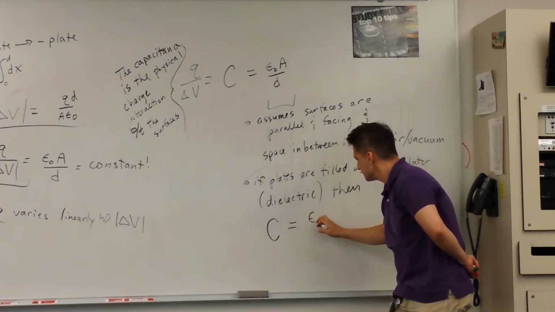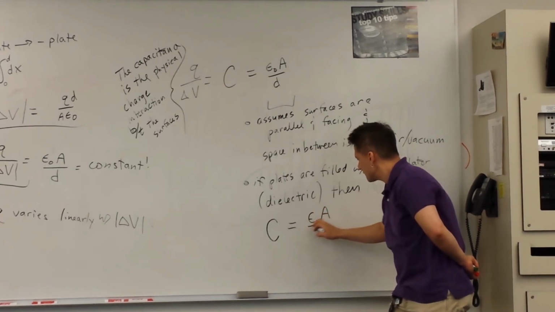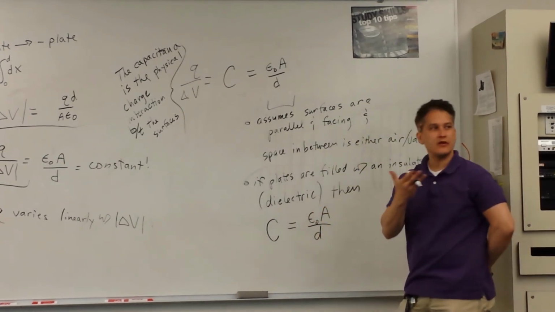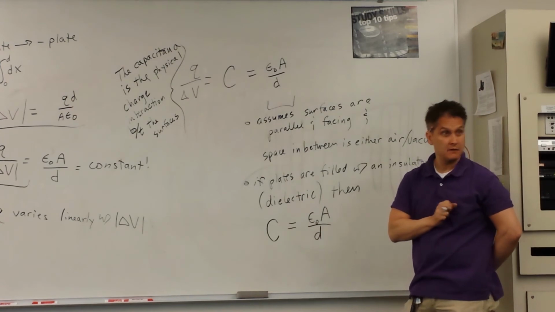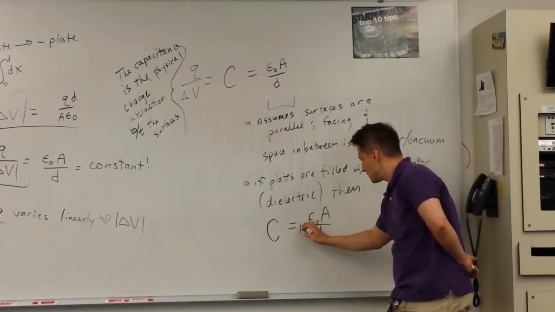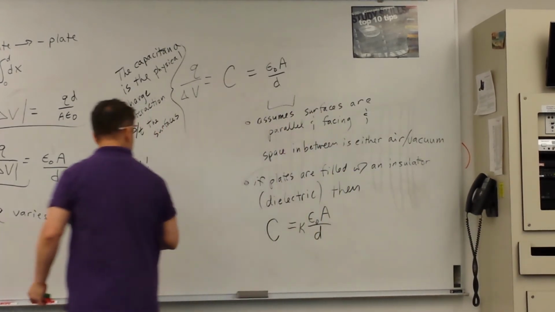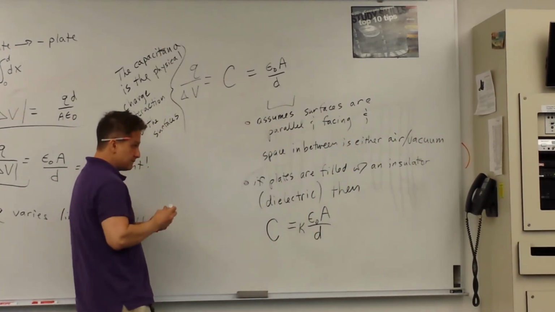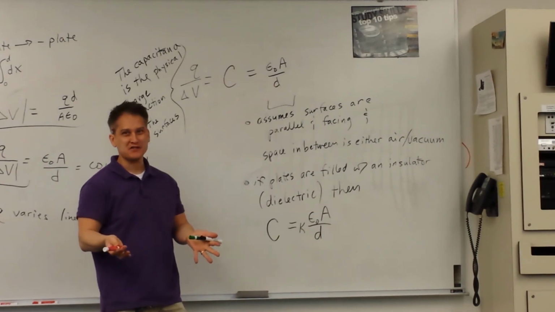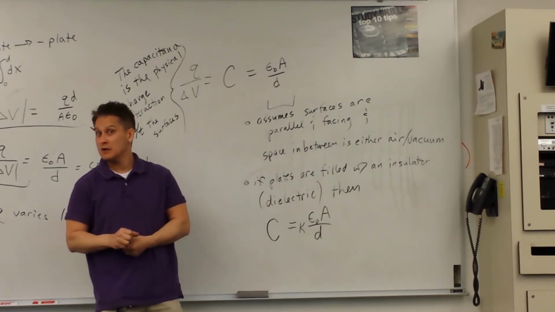This part stays the same. But now we throw a little extra constant in there. Call it kappa. It looks like a K, but it's a kappa. And this kappa, what we call a dielectric constant, very, very original.